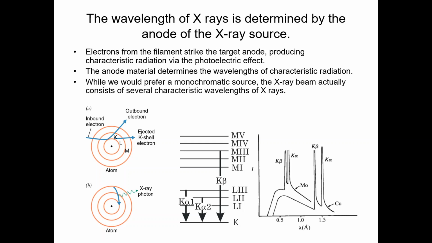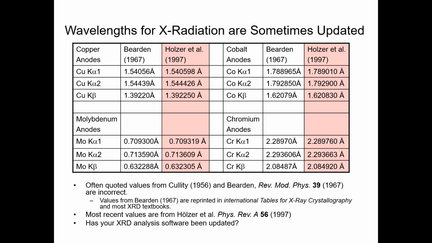And what kind of X-rays are frequently used during XRD analysis, or what sort of wavelengths are utilized? The wavelengths for X-ray radiation are sometimes updated by prominent researchers working in the field.